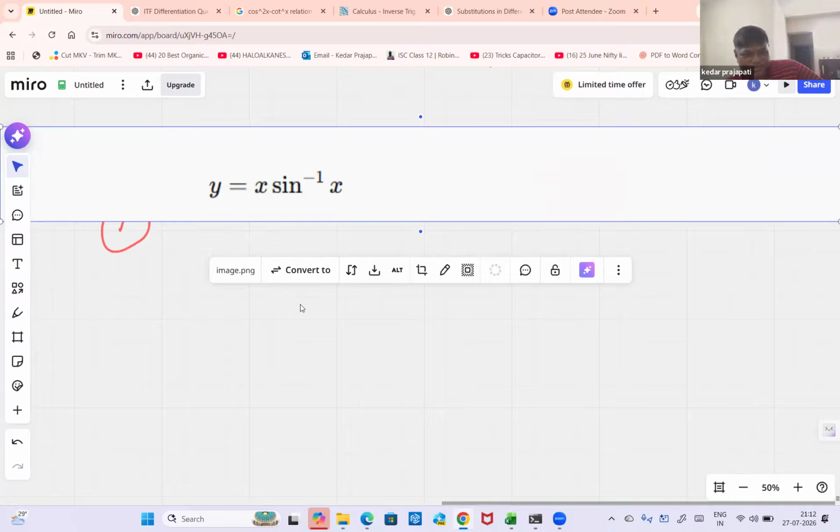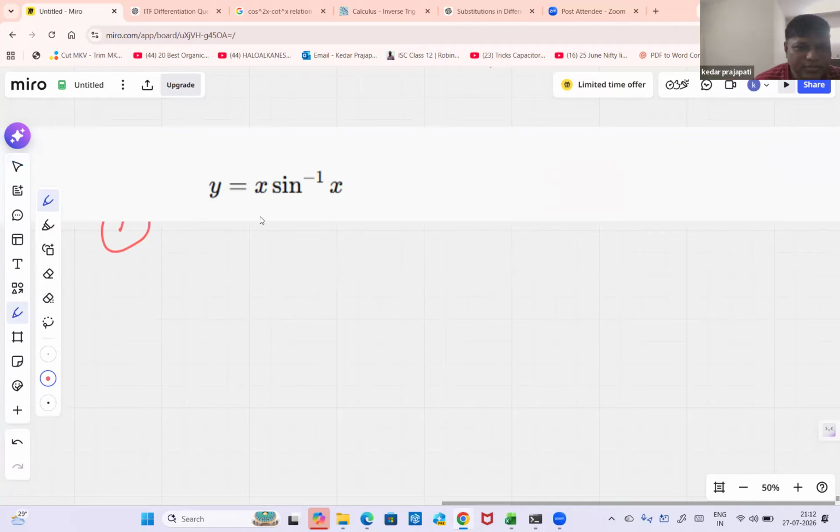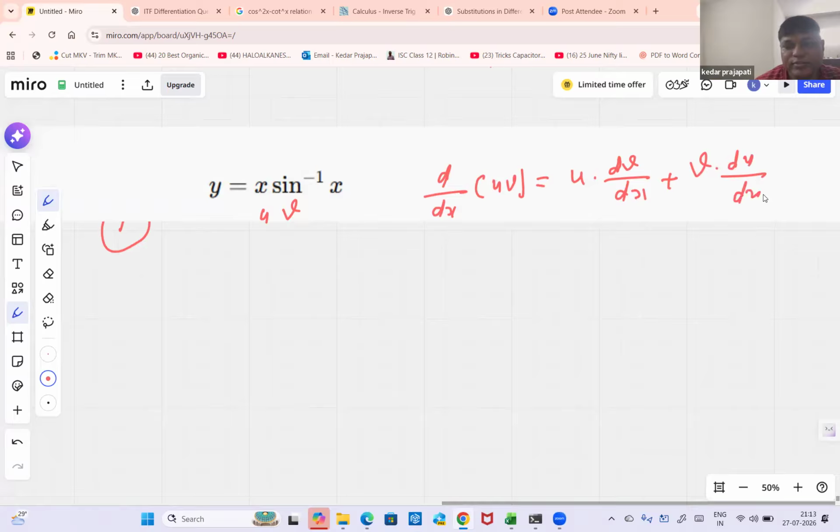So this can be solved in two ways. This is in UV form, right? So d by dx of UV is how much? U into, tell me. U outside, then dv by dx, plus V outside, then du by dx.